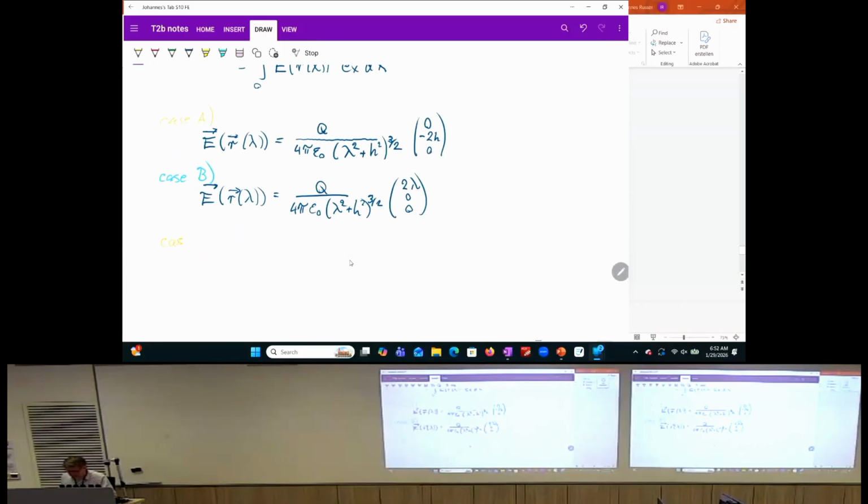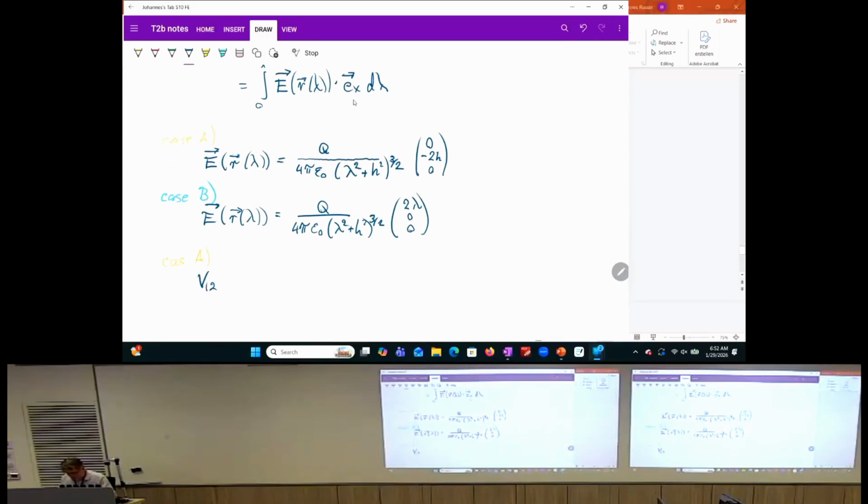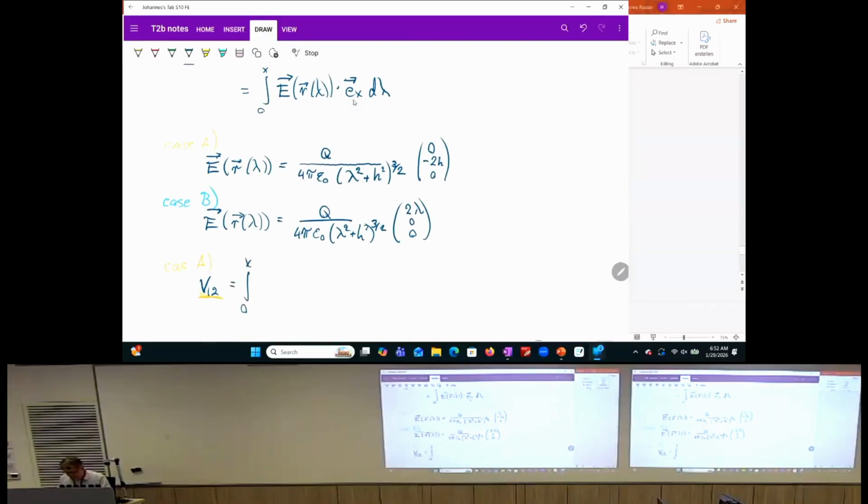Let's get back to case A. Insert this electric field into the equation here. For the scenario of case A, we obtain it by integrating as above from 0 to x. Insert the electric field, q over 4 pi epsilon naught, lambda square plus h square to the power of 3/2. We have only a y component here, which is minus 2h, times Ey. This is from the electric field.